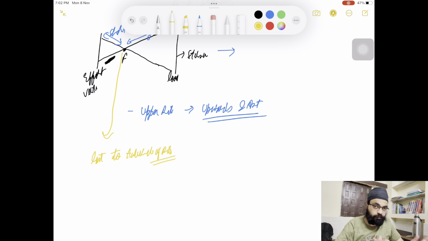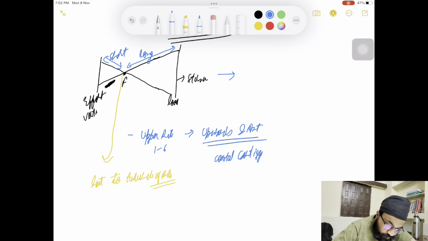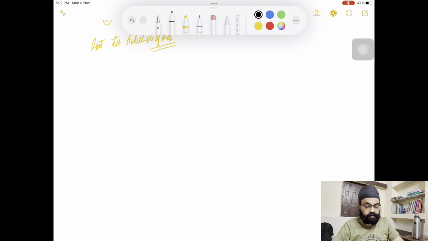That's why the posterior arm is shorter and anterior arm is longer. So upper ribs, I mean to say rib 1 to 6, they have the costal cartilages directed upwards and anteriorly, so they are able to lift the sternum up. I'll draw more diagrams to explain this one.